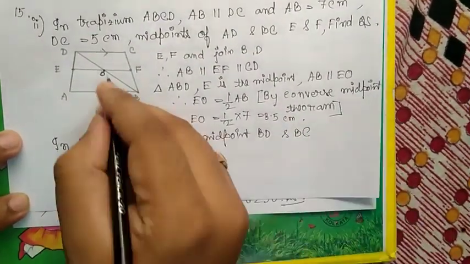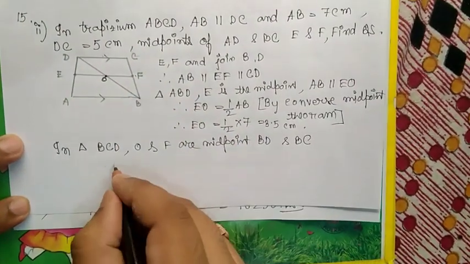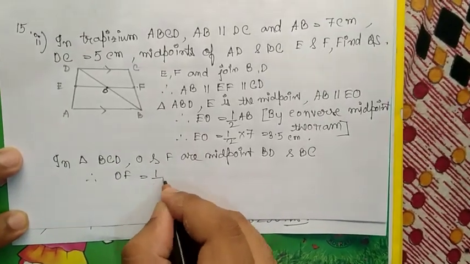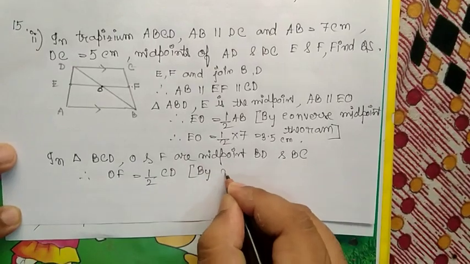So by the midpoint theorem we can say that this is half of this one. So OF equals half of CD by the midpoint theorem.